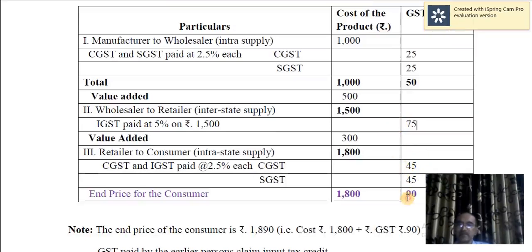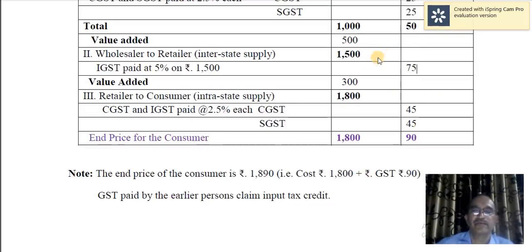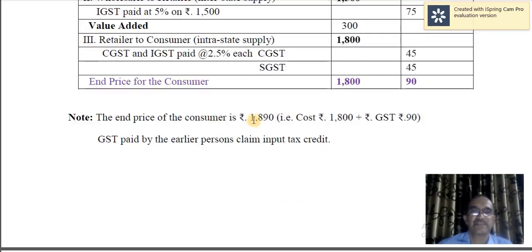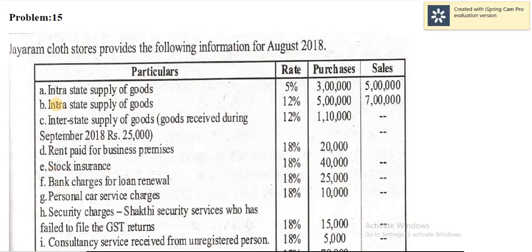See, he gets 90 rupees, 45 plus 45. That is output tax. Whereas he has paid 75 rupees to the wholesaler. Therefore, 75 is the input tax. So 90 minus 75, that means 15 rupees. That is the net tax payable. Anyway, they have the opportunity to avail input tax credit, whereas ultimate consumer does not enjoy that privilege. So thus the price paid by him ultimately is 1,890, 1,800 plus 90. Now we will solve one more problem. Let us go to the problem.